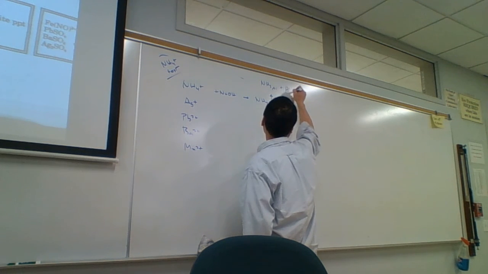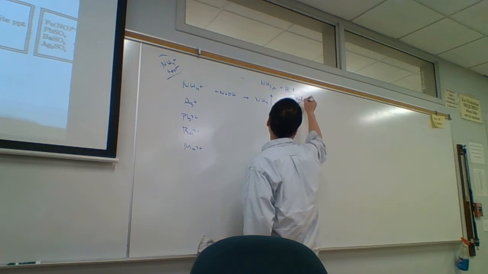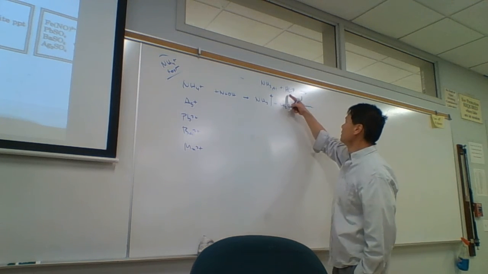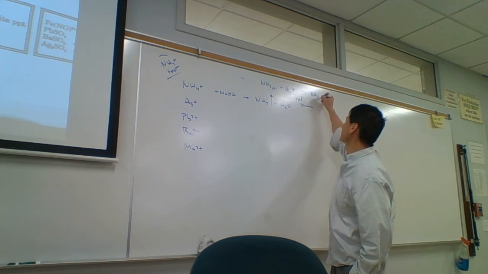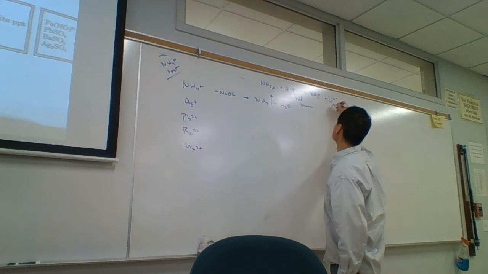Red litmus I wrote down as HLIT. This is red litmus. It gets converted to blue litmus. And so red litmus is an acid, and ammonia is a base. So ammonia will pick up that extra hydrogen here, and we'll end up with LIT minus. This is blue litmus.